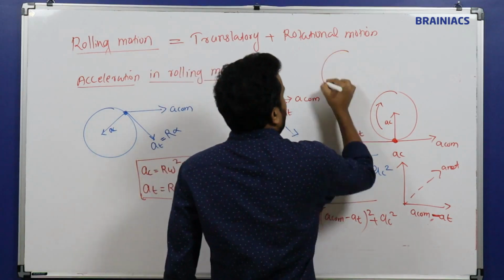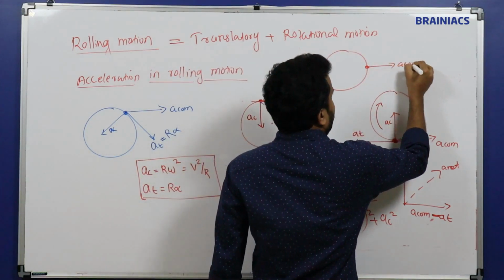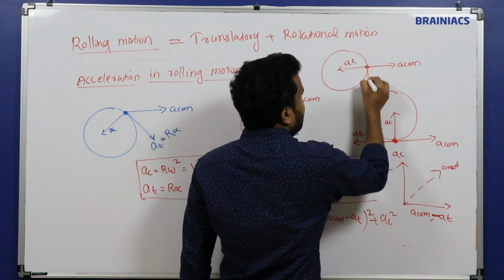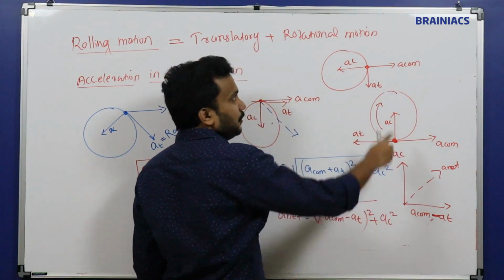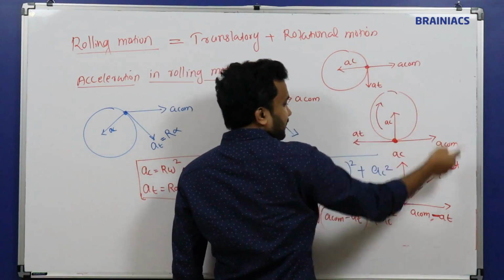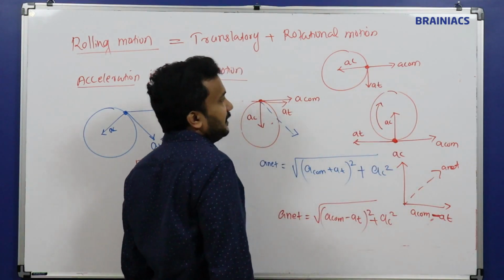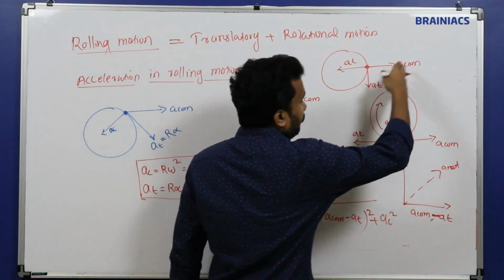So I'll draw the leftmost and rightmost positions with ACOM in their directions labelled. The centripetal acceleration AC is in this direction, tangential acceleration AT is downward, and ACOM minus AC is along the same line.